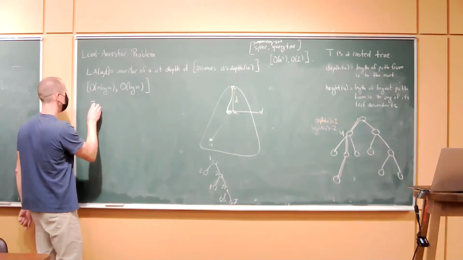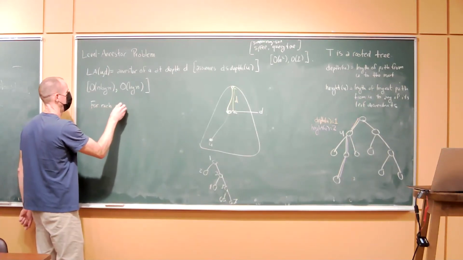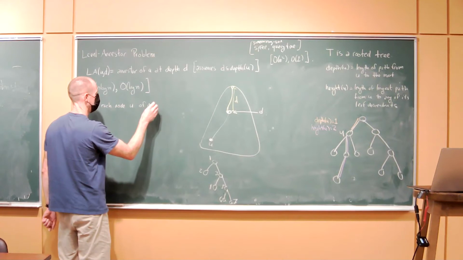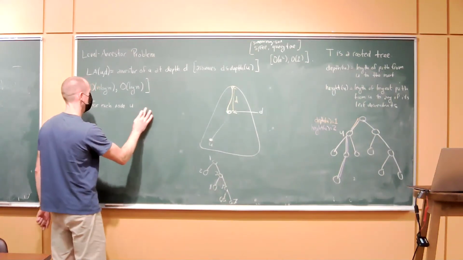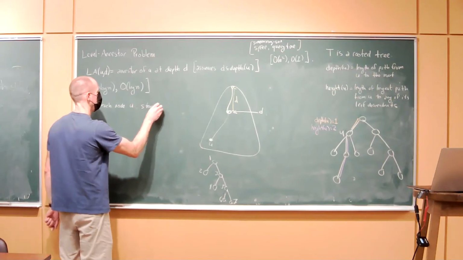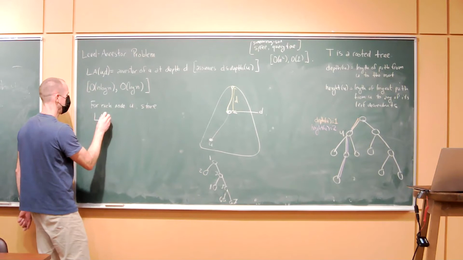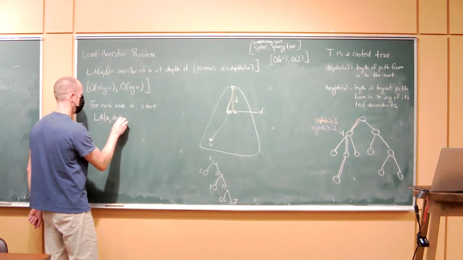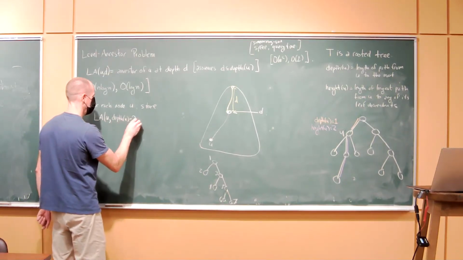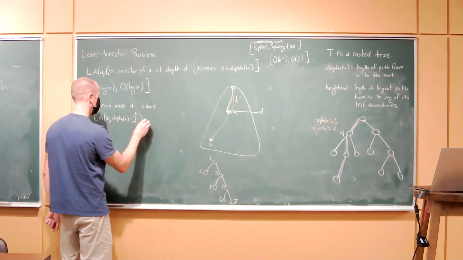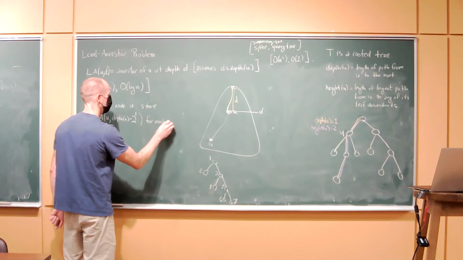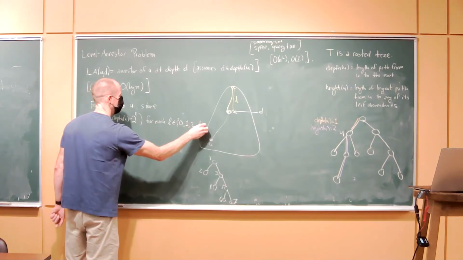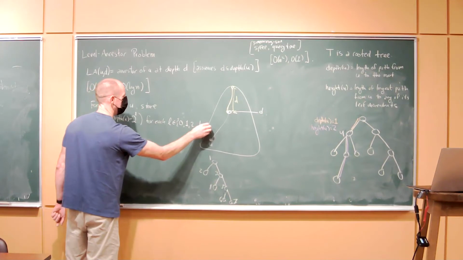So for each node u, store the answers to the level ancestor query of u and depth of u minus 2 to the L, for each L in 0, 1, 2, up to log n.